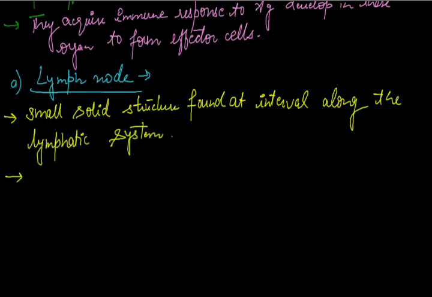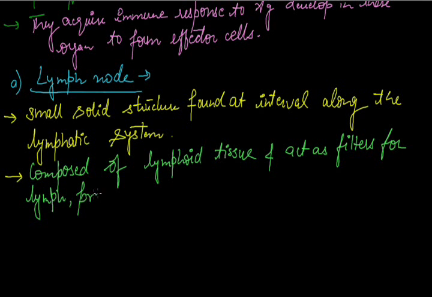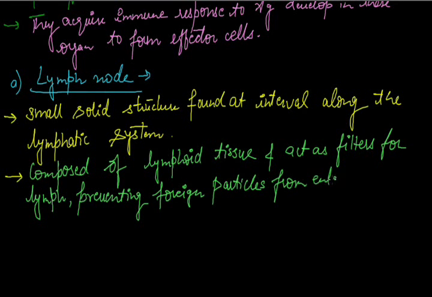They are composed of lymphoid tissue and act as filters for lymph, preventing foreign particles from entering the bloodstream, so the body can be protected against infection.